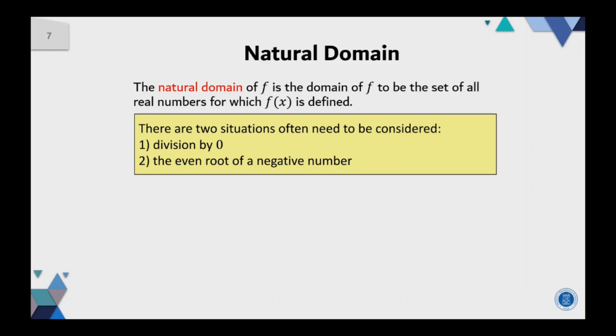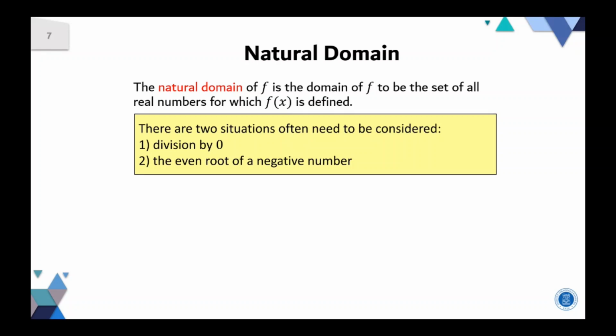It is undefined in the set of real numbers. Of course, if we consider another set, not real numbers, it may be possible to have an even root of a negative number, but not in the set of real numbers. So again, there should not be divisions by 0. There should not be an even root of a negative number.